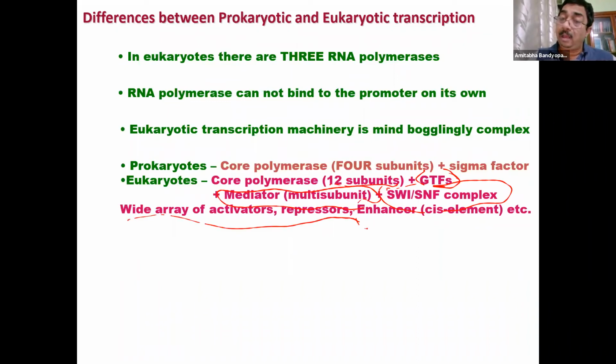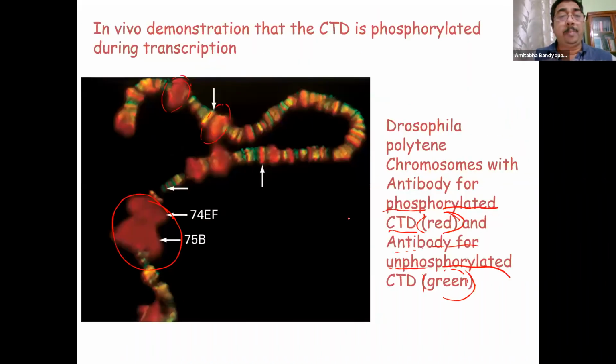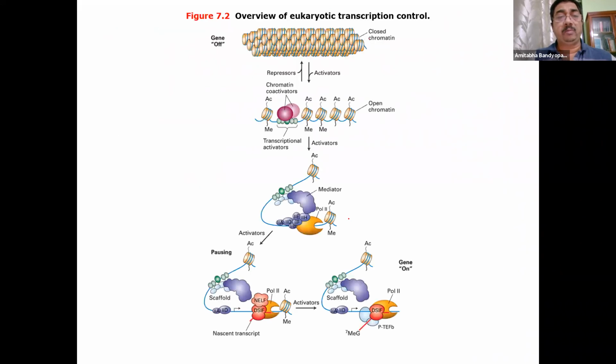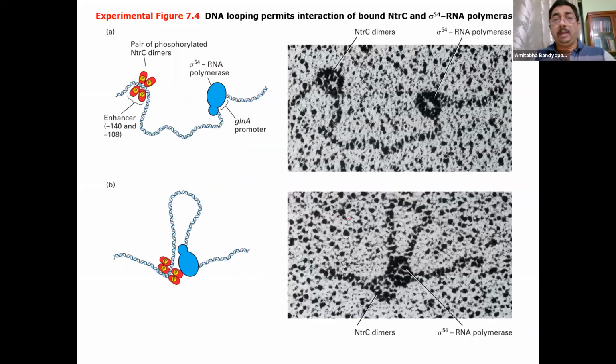Then there is a DNA element called an enhancer. It is very similar to what we learned in the last class: like NtrC, which bound to a sequence and interacted with the RNA polymerase bound to the promoter.